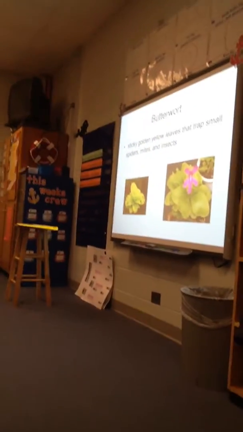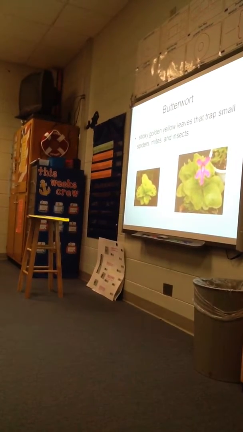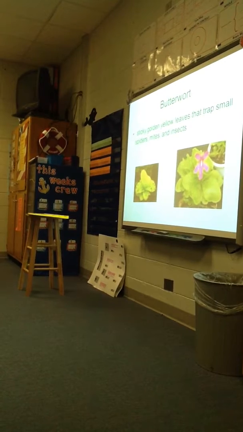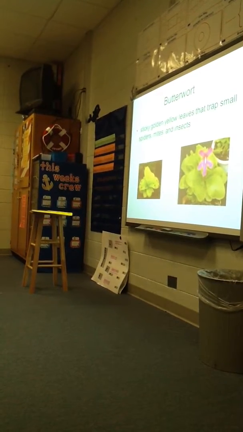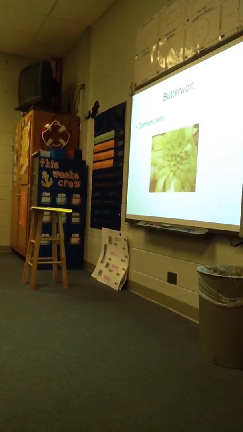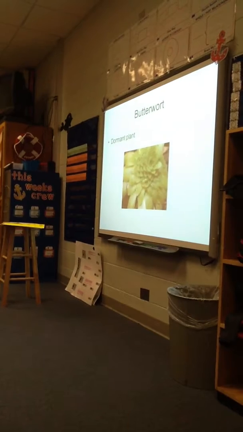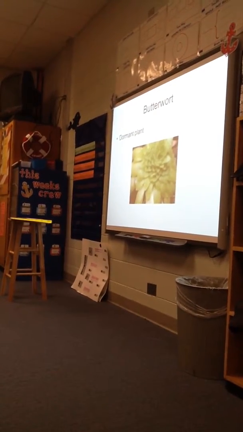It has sticky, golden yellow leaves that trap small spiders, mites, and insects. The butterwort sometimes doesn't have that flowering part. This is a dormant plant, which means it's not flowering at this time.